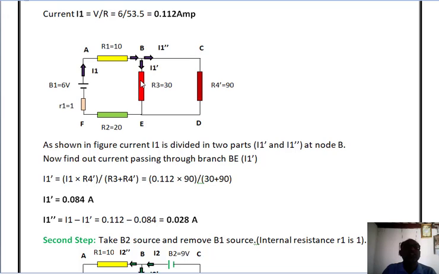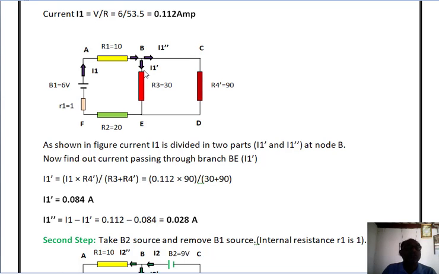just put a hand on this element, and write the remaining value of the resistance. So here I1 into R4 dash. Do you understand?